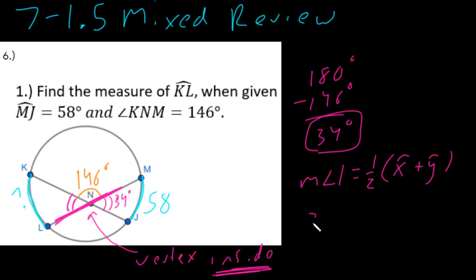We know that our vertex angle is 34 degrees times 1/2 parentheses, and notice our arc x should always be our larger arc. Well, for a vertex inside, if our arc is larger than the vertex angle, then it is in fact our larger arc, x, plus arc y, our smaller arc. And now it is up to you to solve for arc y.